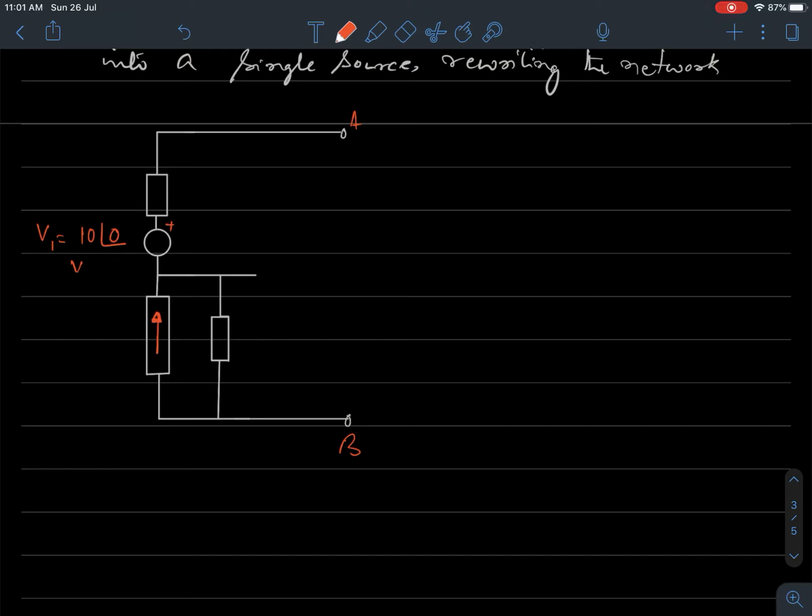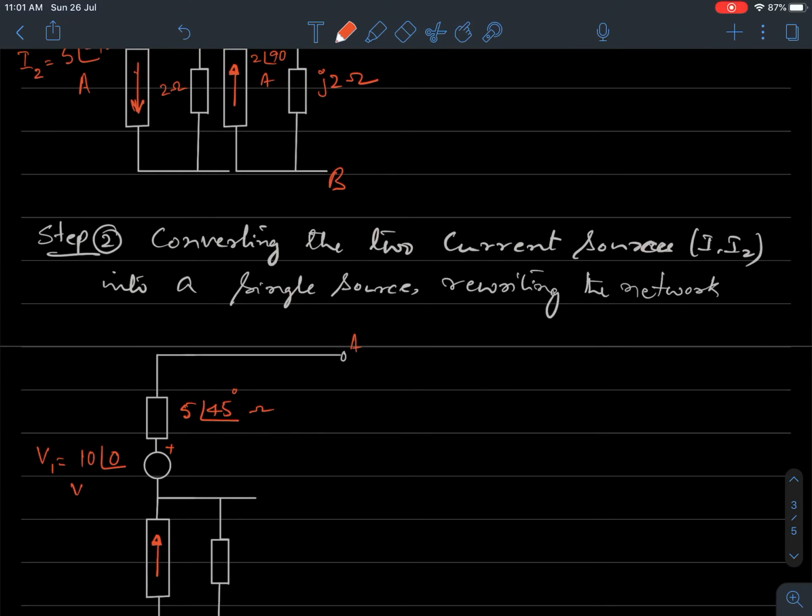V1 equal to 10 at an angle 0 volt, and this internal impedance is 5 at an angle 45. We haven't done anything to this right now. We are maintaining V1 as it is.